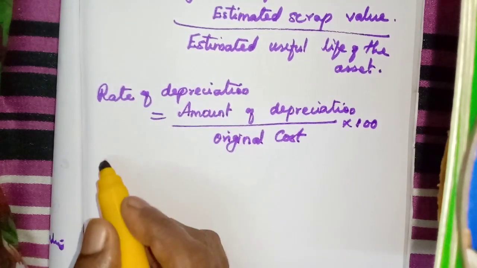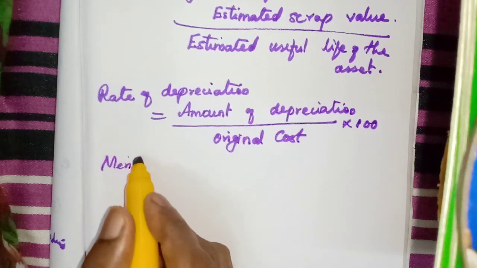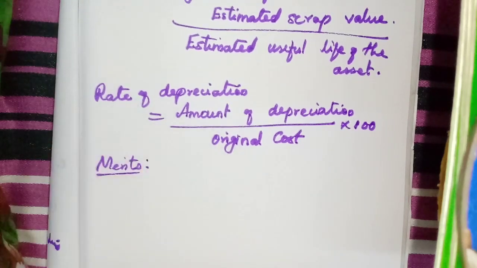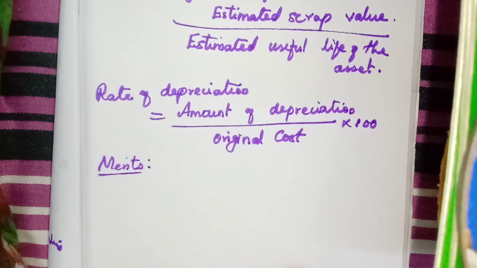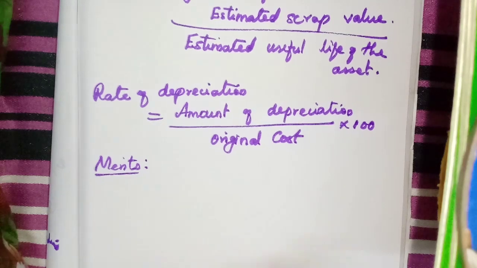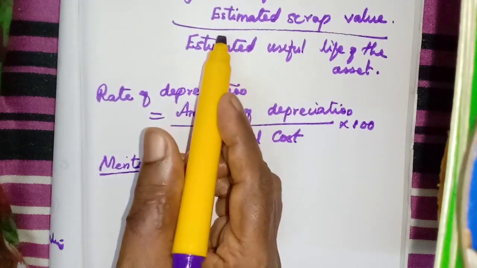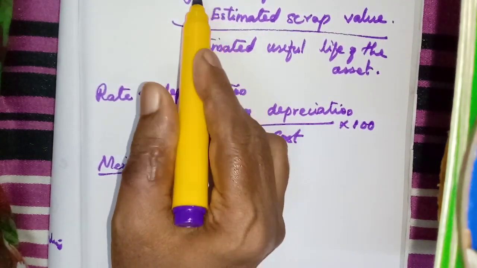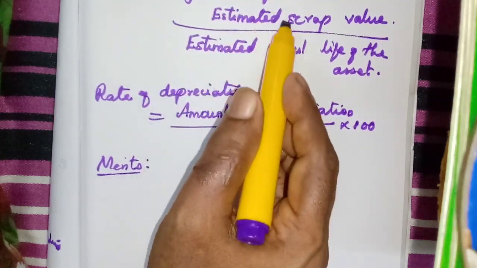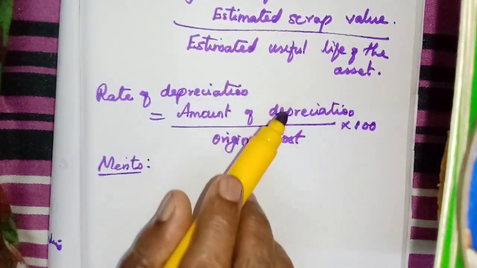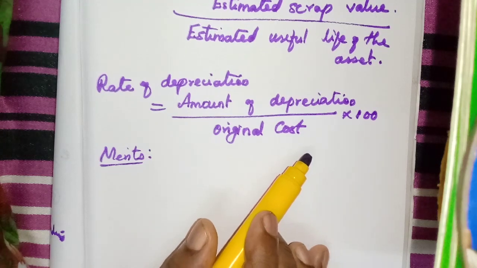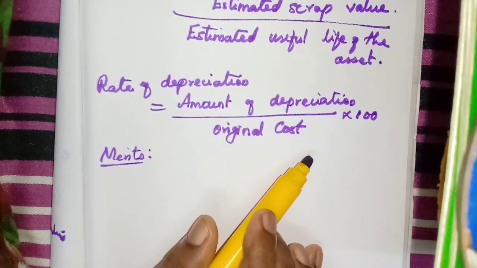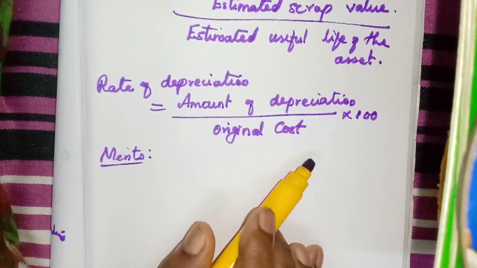First we should know what the merits and demerits are. What are the merits that we have from this method, the straight line method or fixed installment method or original cost method? Here it is very simple and easy to calculate, isn't it? The total original cost we know, the purchase price, we estimate the scrap value, divided by useful life. It is very easy to calculate and easy to understand also.